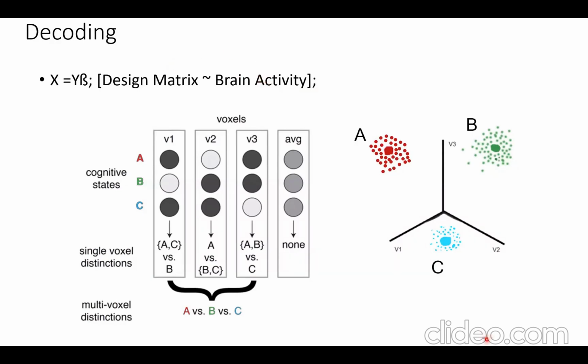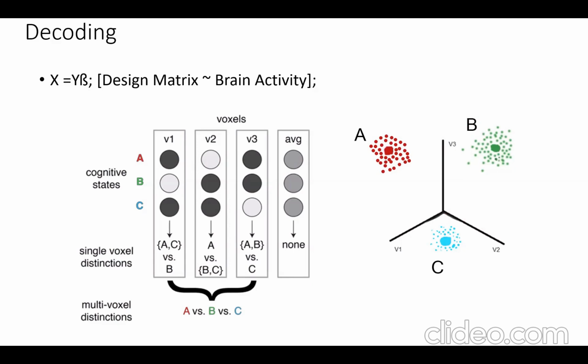So for example, we have the cognitive state A. This is the axis in the multidimensional space, so each voxel or channel is a new axis, and we put the stimuli in these multidimensional spaces, and we fit the decoding models that can now a bit more easily distinguish between the conditions.